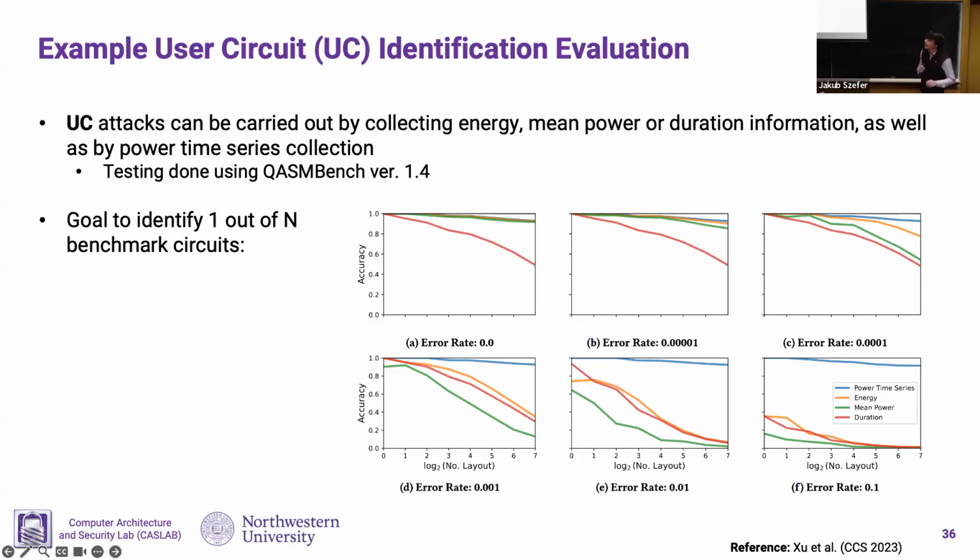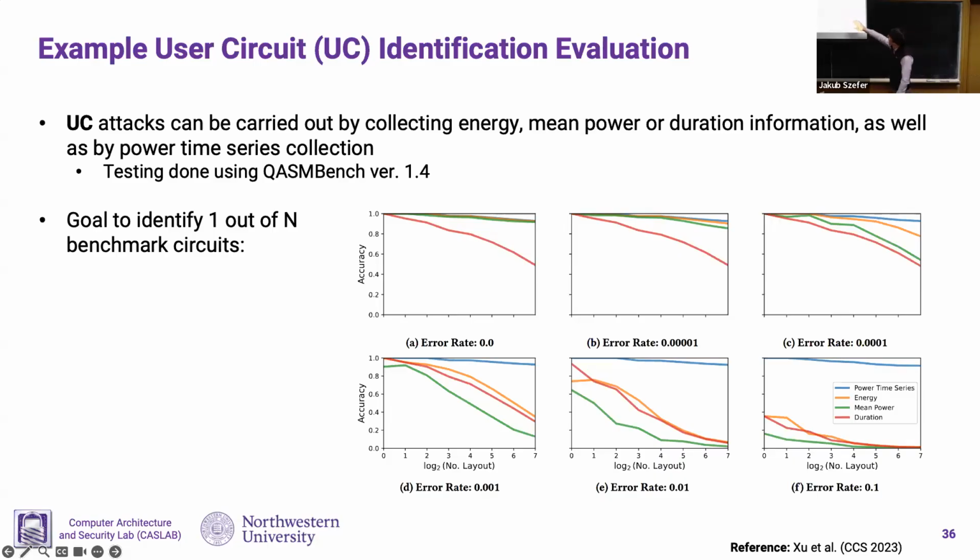So if you constrain your benchmark to a set, there's actually a QASMBench, a set of small but common quantum circuits. Even something like duration or timing, the red line, just by looking at the execution time, you can identify the potential circuit.